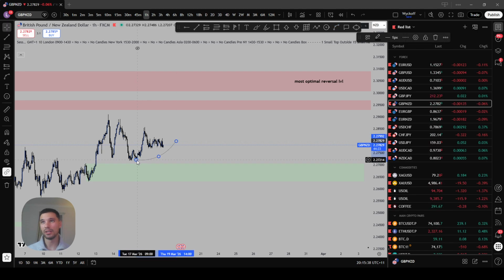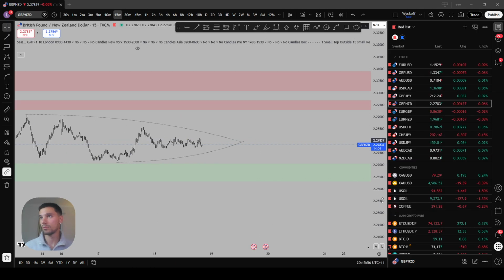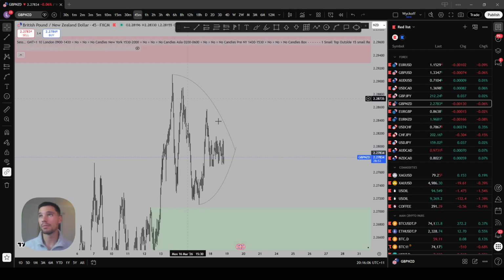It's not really the cleanest. Yeah, just choppy price behavior really at the moment. Nothing really to dig too deep into here.